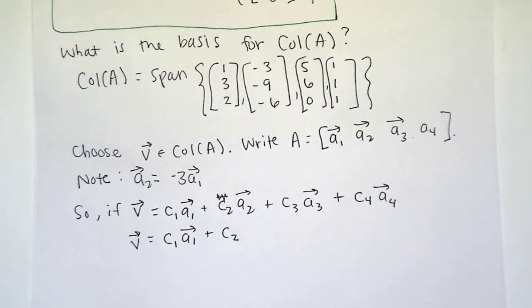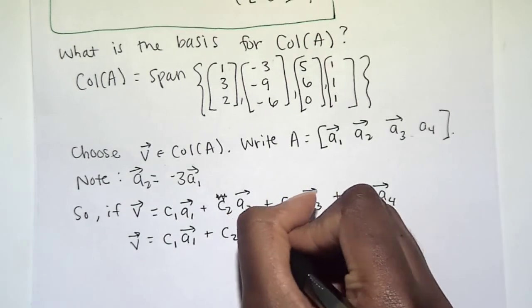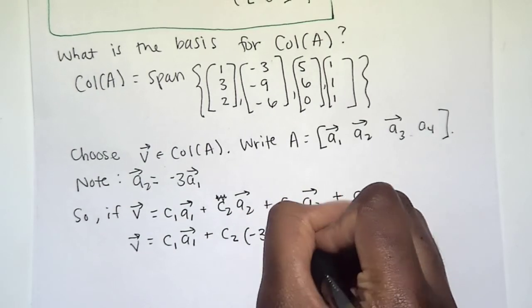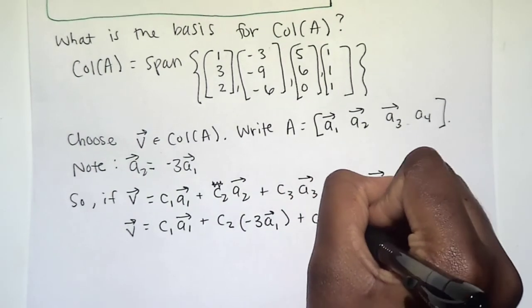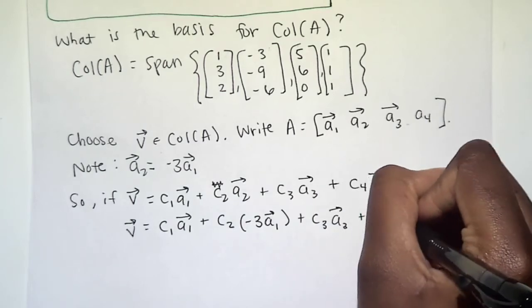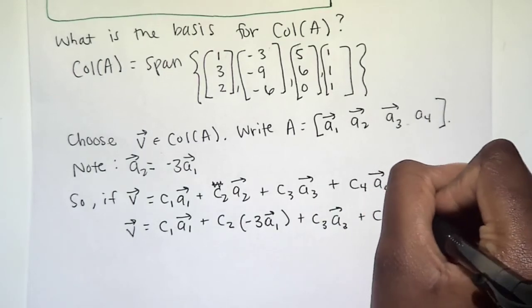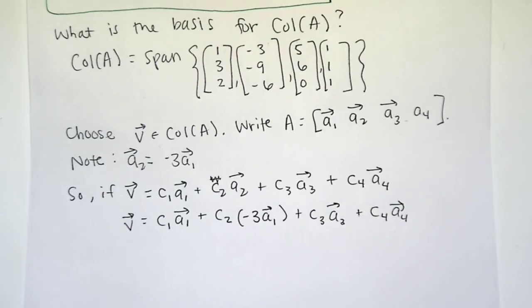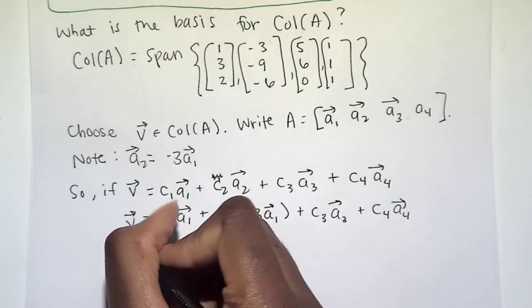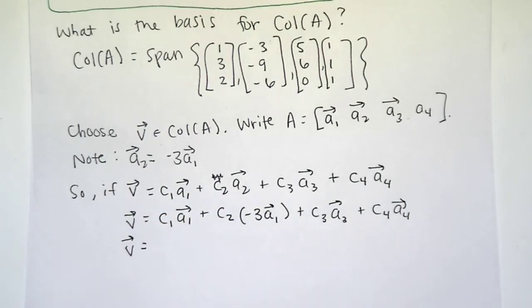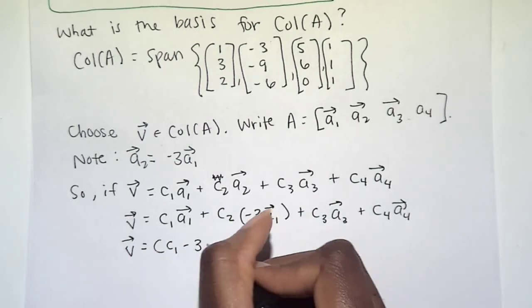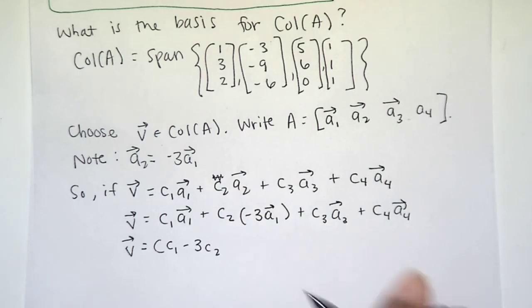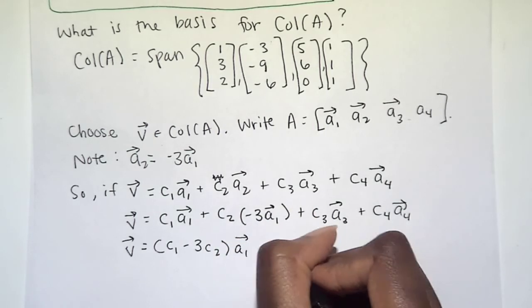Instead of writing the vector A2, I'm going to replace it with -3 times the vector A1. Notice I have scalars multiplied by the same vector. I can combine like terms, where I'll have C1 minus 3C2 times A1 plus the rest.